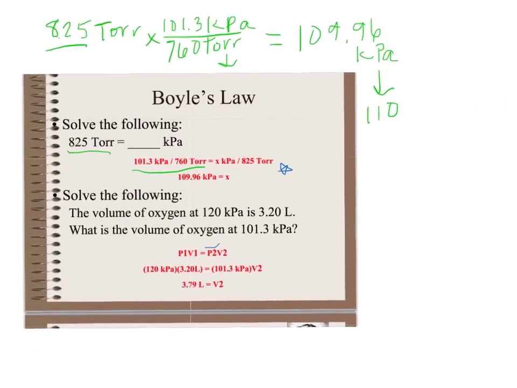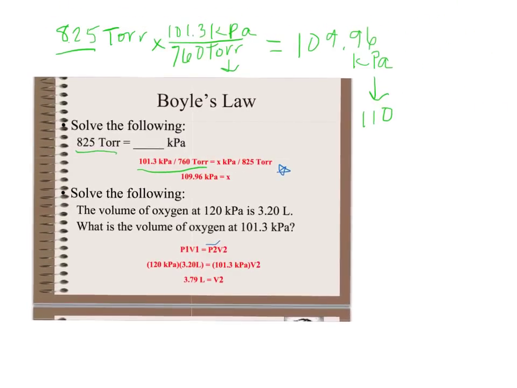All right. Now let's look at the bottom problem. It's another one using Boyle's law, and it's not just a conversion. It says solve the following. The volume of oxygen at 120 kilopascals is 3.2 liters.